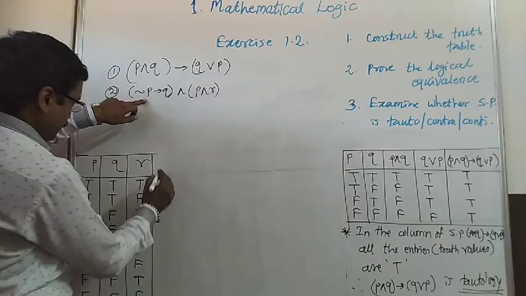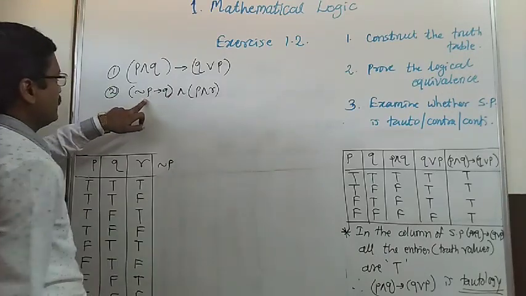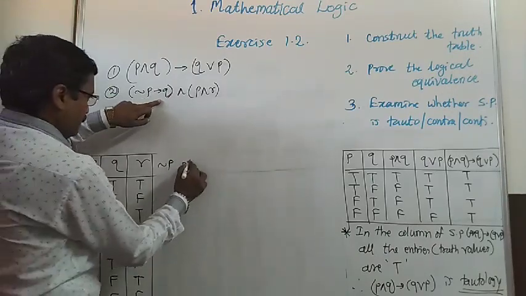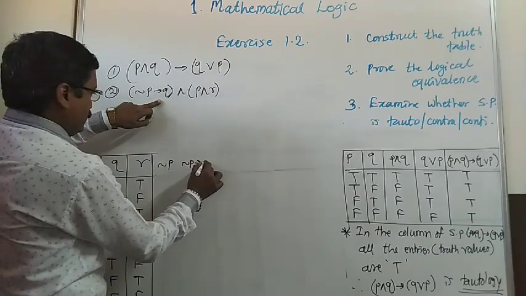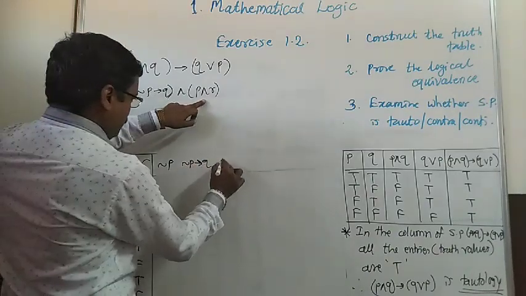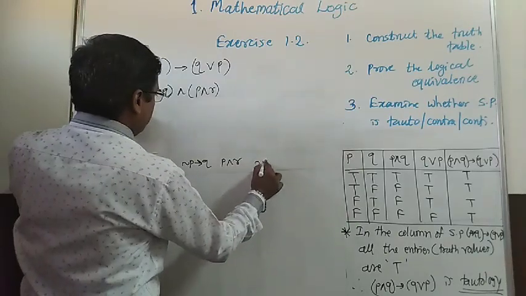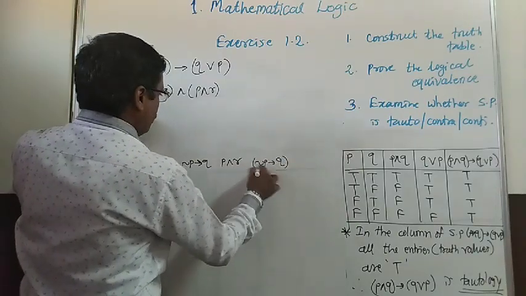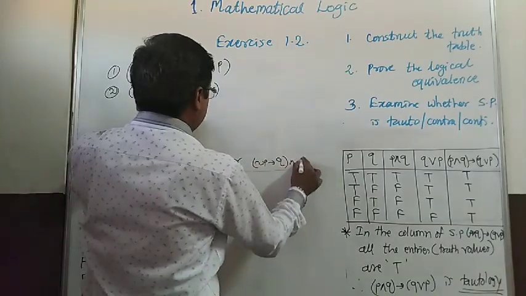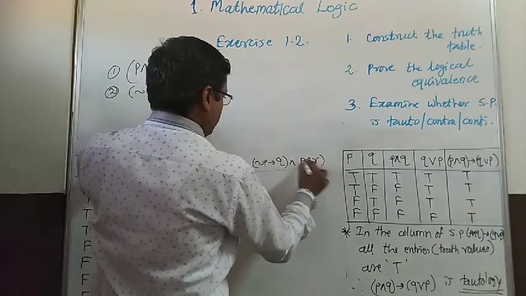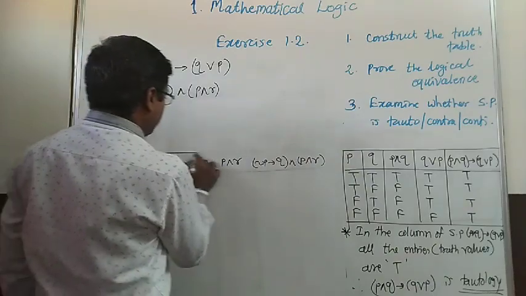After that, negation P, then negation P implies Q. Next one is P and R, and last one is this, that is negation P implies Q and P and R. Let us prepare the table for this.